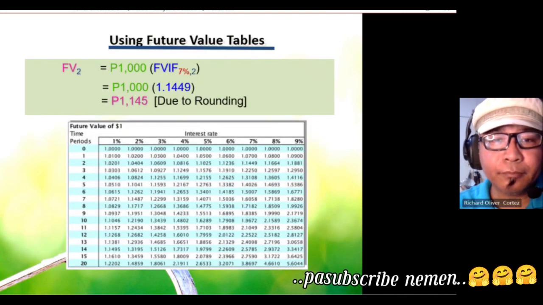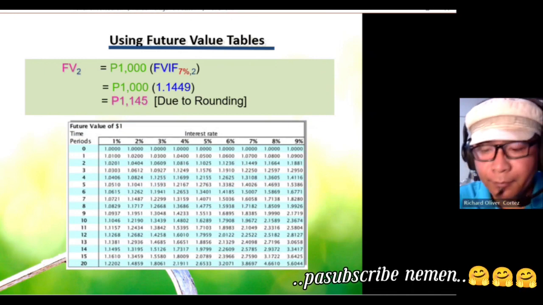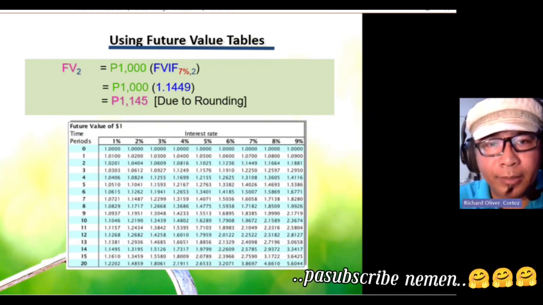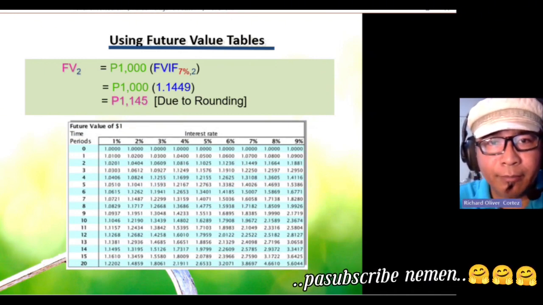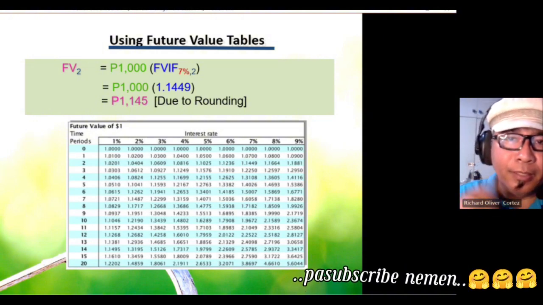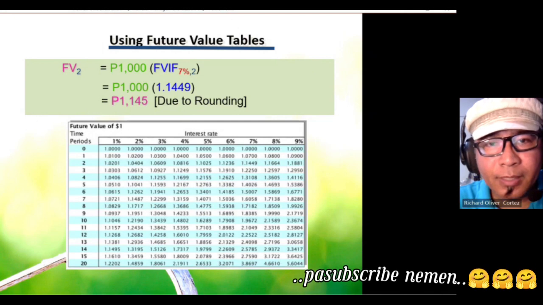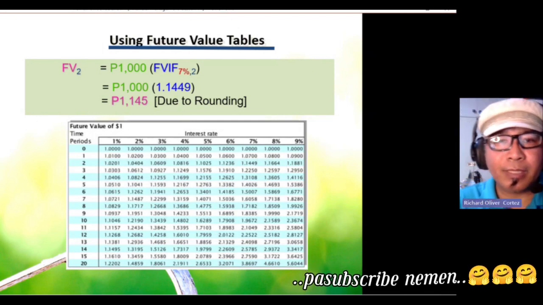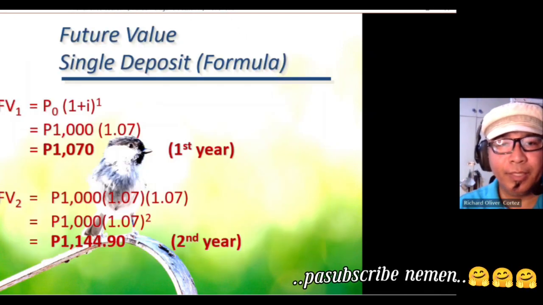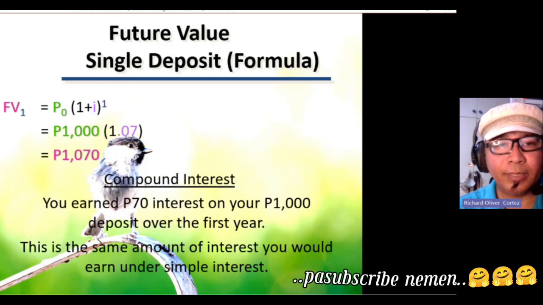Now, ito yung sample, paano natin gagamitin itong table na to. So, using the future value tables, the same sample. Basta sample natin, your principal is 1,000.